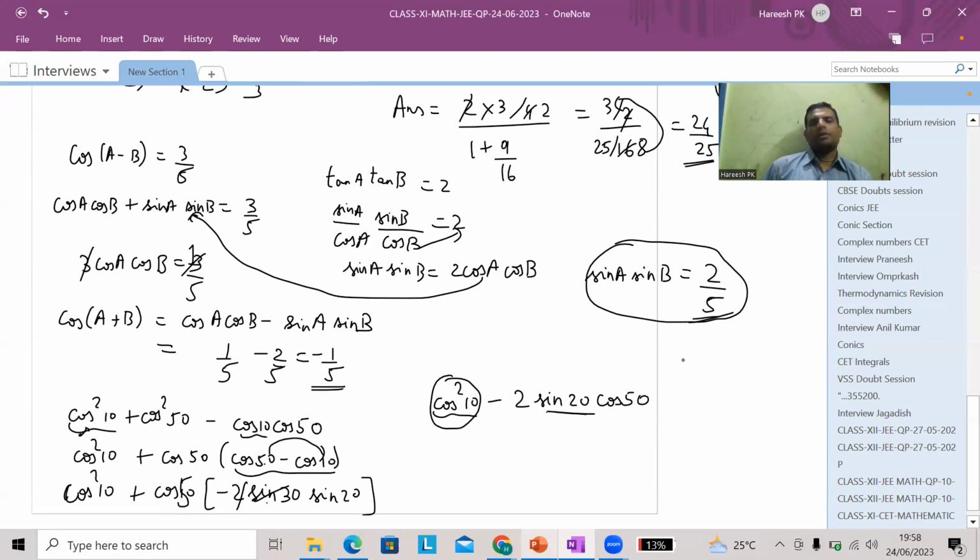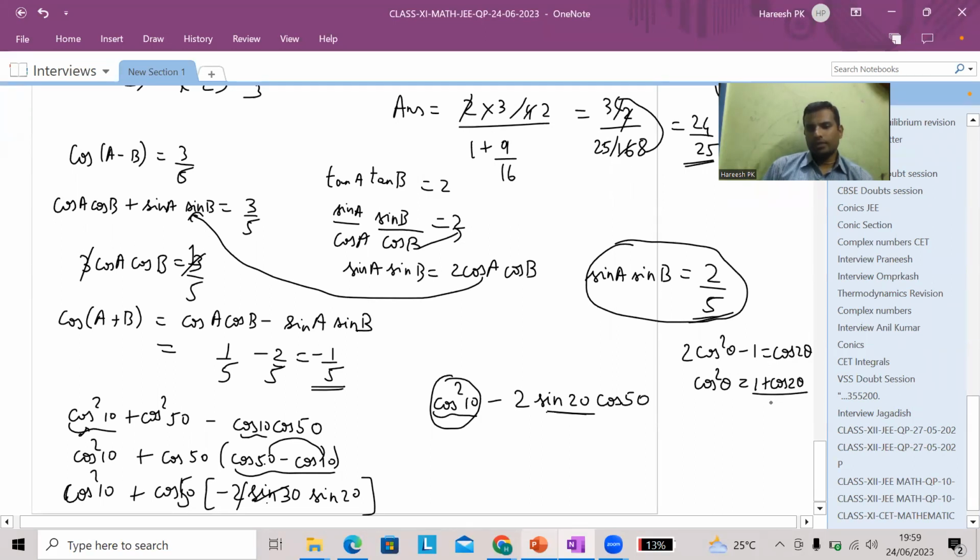So cos square theta. We can always write 2 cos square theta minus 1 is cos 2 theta. So cos square theta can be written as 1 plus cos 2 theta divided by 2. So I can rewrite this as 1 plus cos 2 into 10, which is cos 20, by 2.